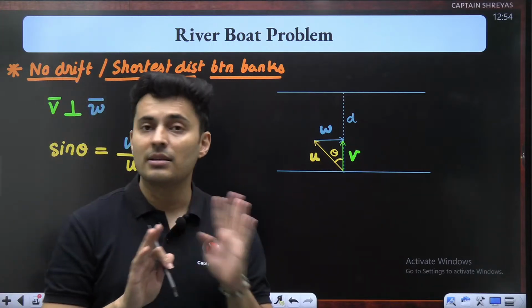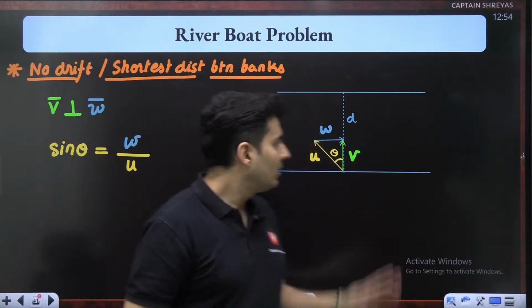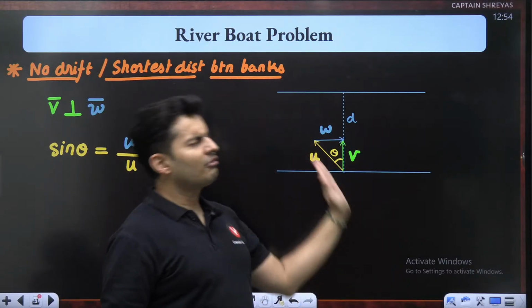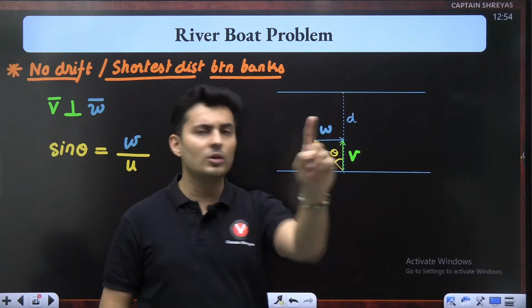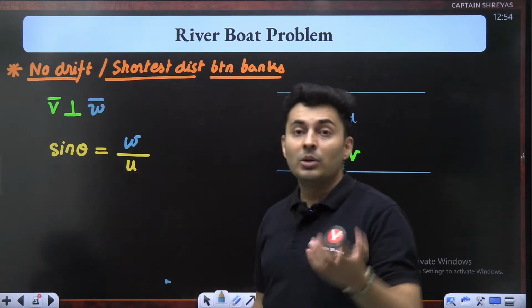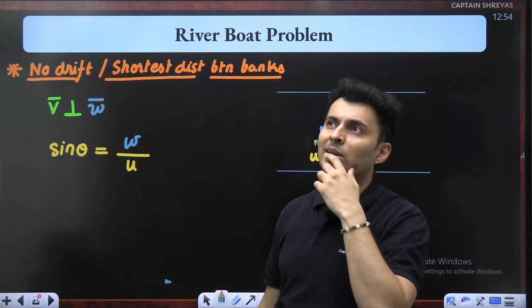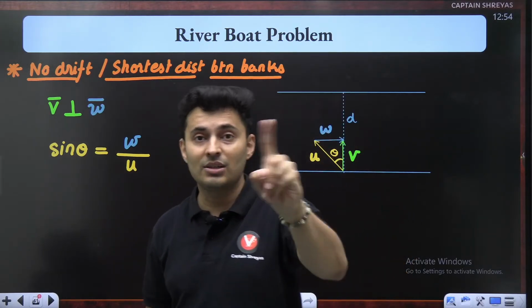Will you memorize this by heart? No. What you will understand is only this concept: the net velocity will be here. The swimmer will go like this, the river will pull him here, the resultant is here. So there will be a triangle, and I can use trigonometry. Don't remember this formula, because you will get confused. Was it U by W or W by U? Was it V by W or V by U? You will get confused in the exam. It's not so easy.